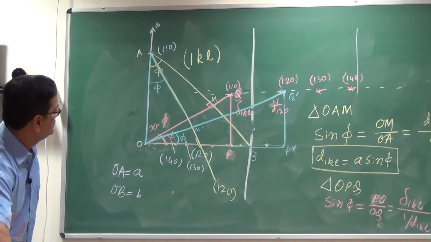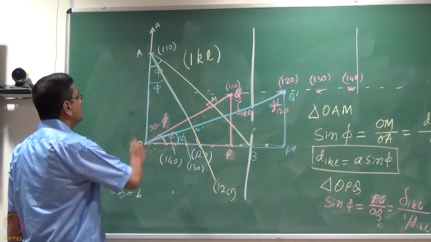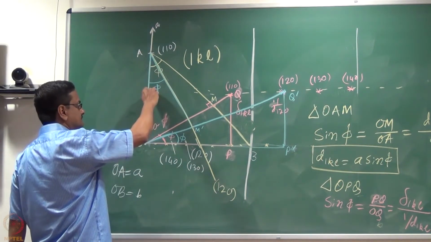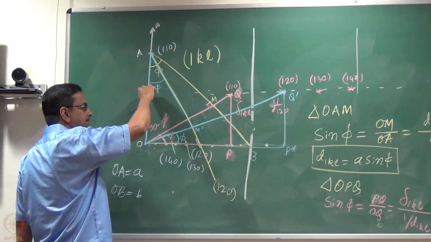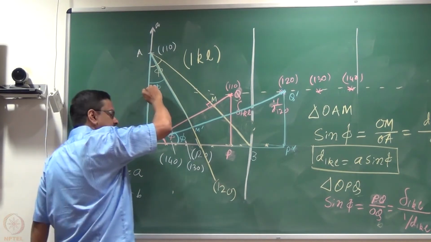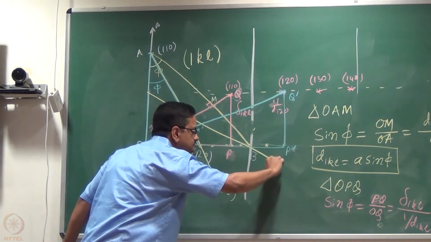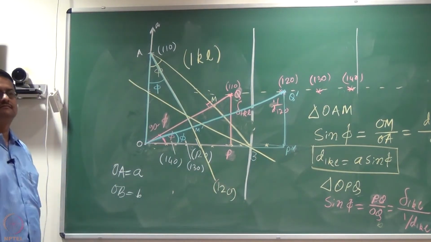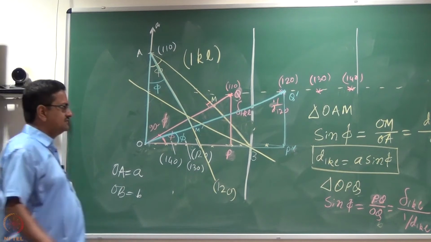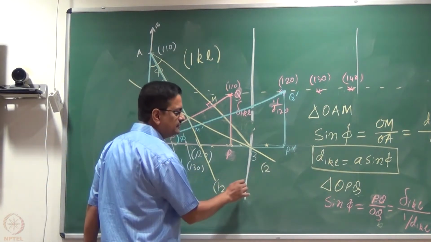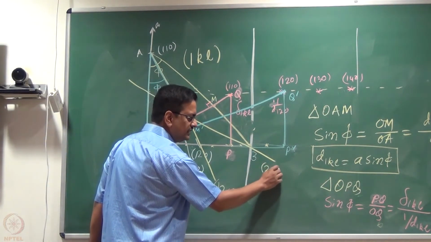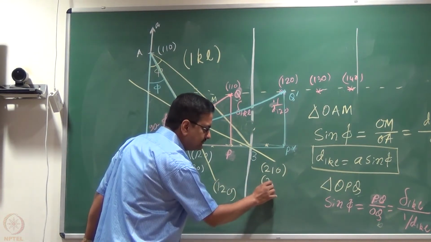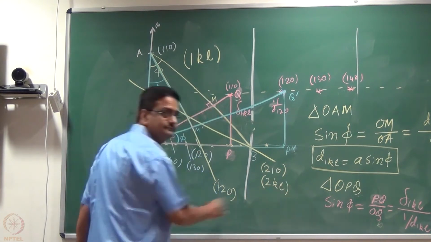Now if somebody can tell me this, then I don't need to derive. What is this plane? Cutting at half, that means 2, 2, 1, 0. In general terms, it is 2KL.